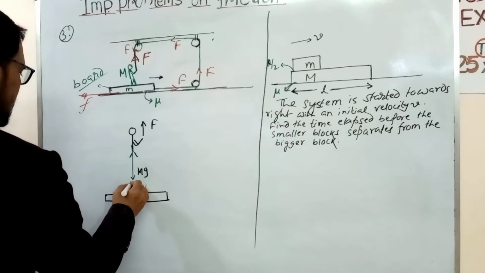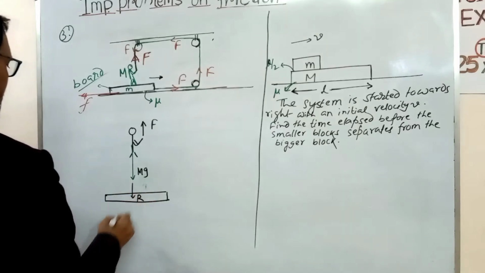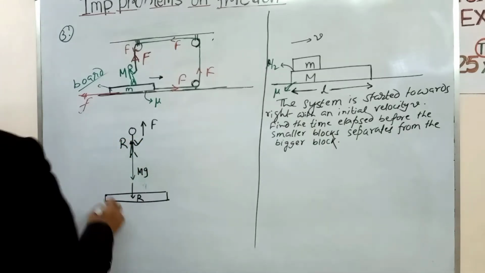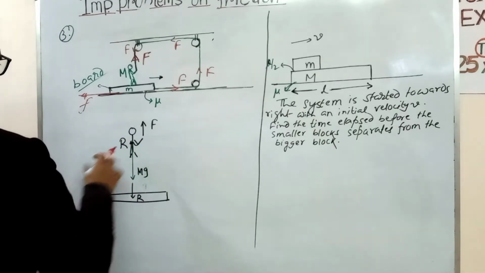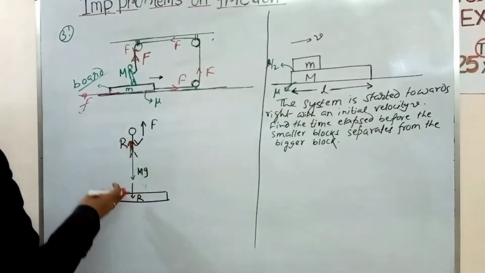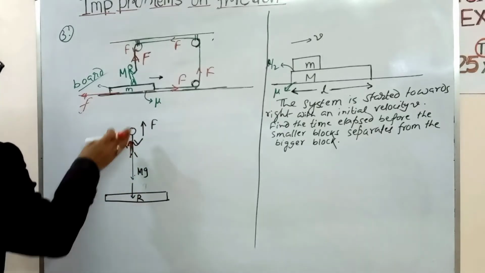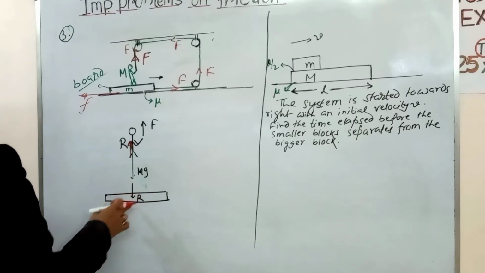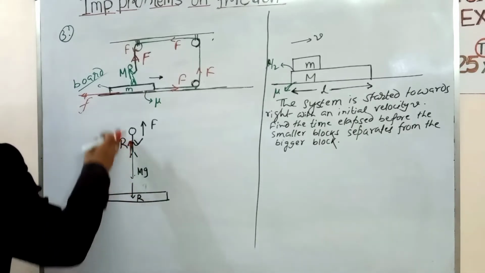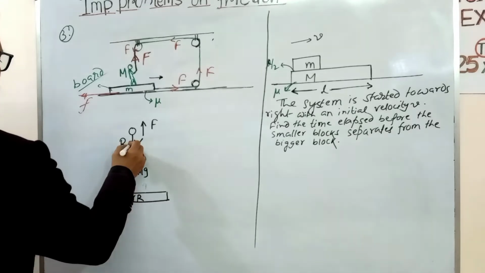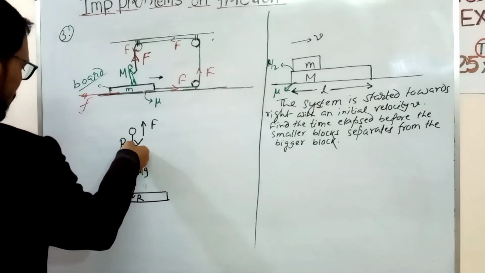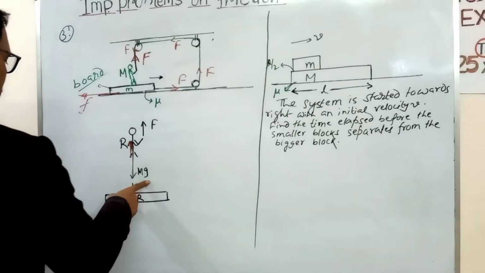The reaction force acts in this direction, and the reaction force acts in this direction. This is R. The man exerts the force R on the board, so the opposite direction R acts on the man. Weight always acts through the center of gravity, so we place the weight mg at the center of gravity.